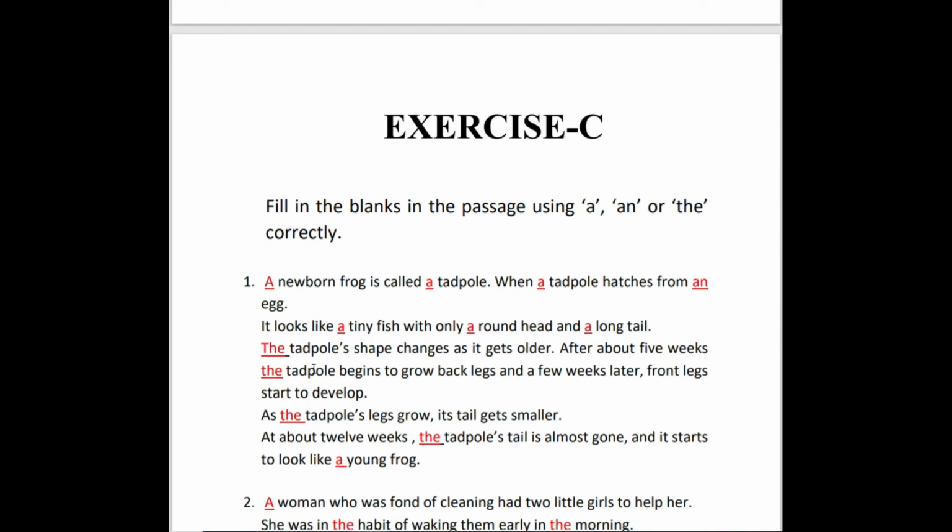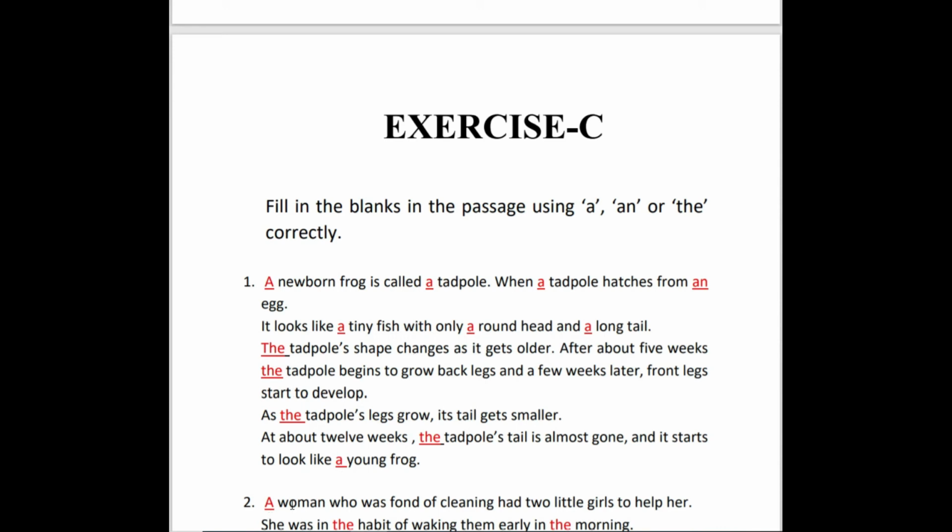Then "the tadpole," because here comes a repetition, and I told you when an object is being referred to again and again, we are supposed to write "the," not the indefinite article, because definite itself means sure about something. The thing has already been shared, so we write "the tadpole's shape changes."